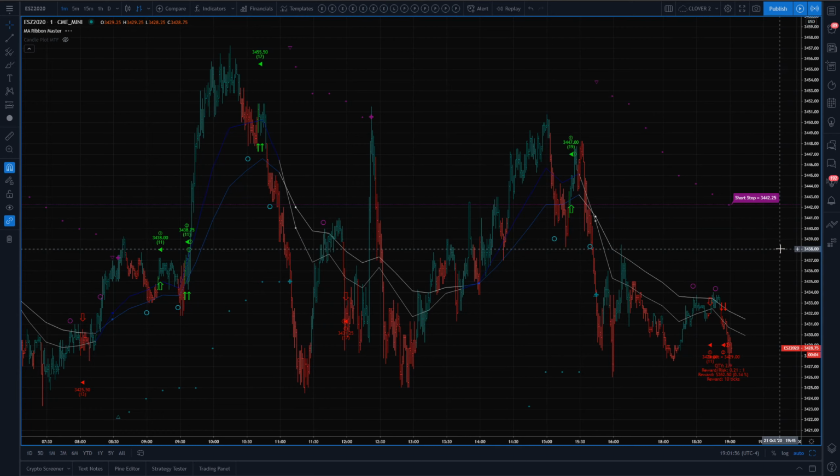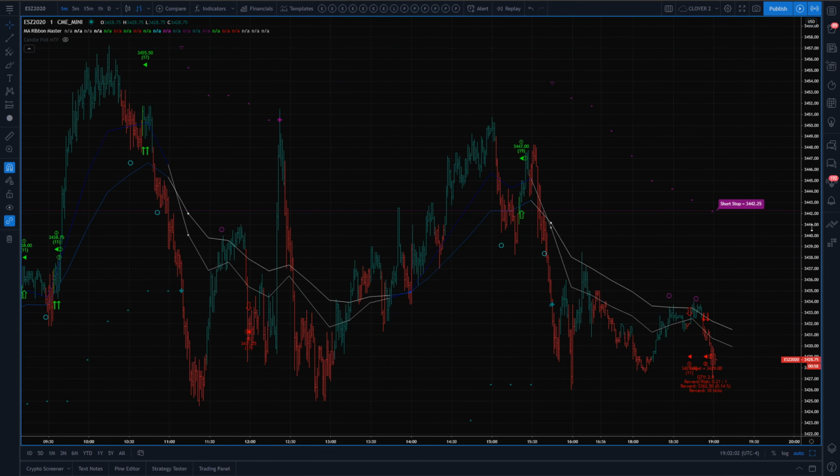Every point that S&P 500 futures moves, it returns $50. So one S&P 500 futures contract is controlling 50 shares of SPX, something like $150,000 or $160,000. I'm just rounding.